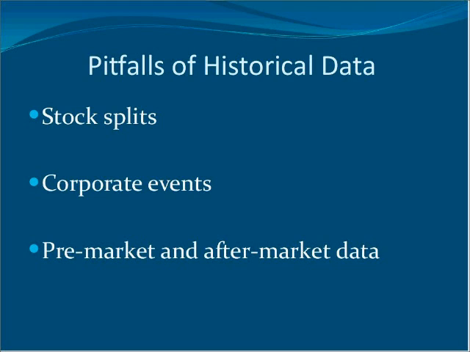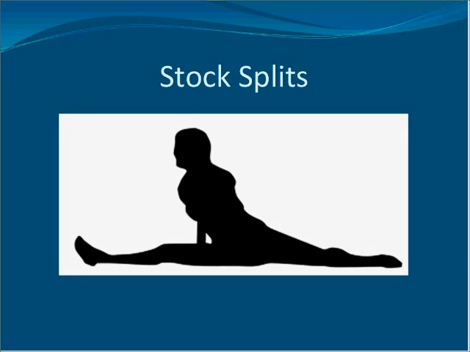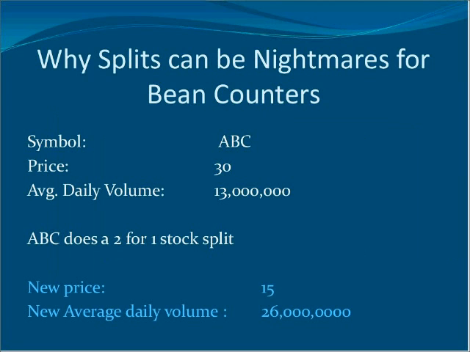It could be a buyback. It could be some event that affects the number of shares outstanding. Pre-market and after-market data: do we report it? Are we looking at data that trades before the market opens at 9:30 or after the market closes at 4 o'clock? So stock splits. We'll get to that subject.